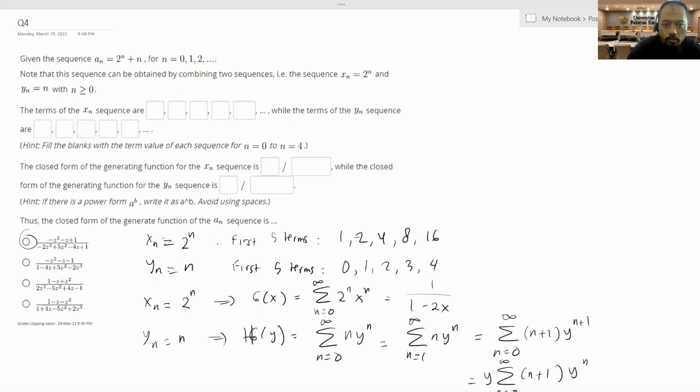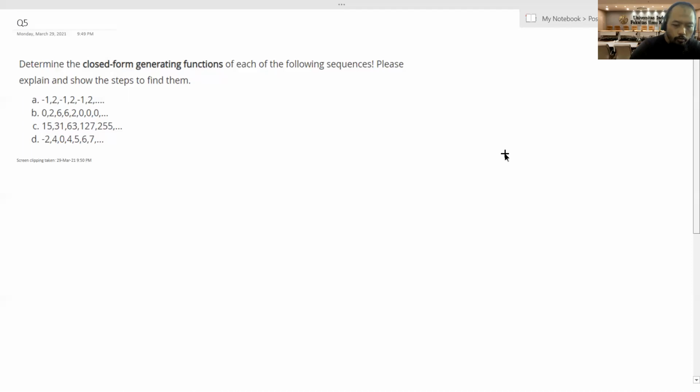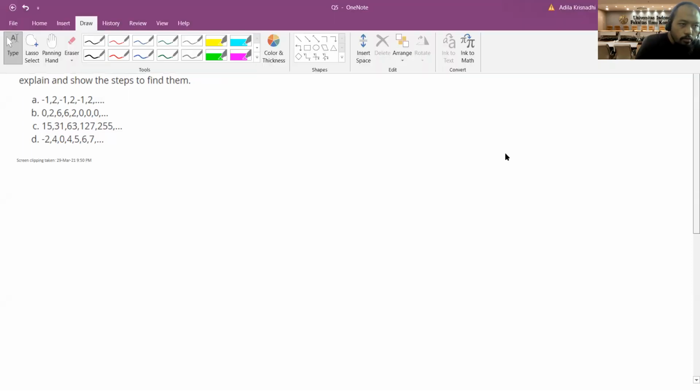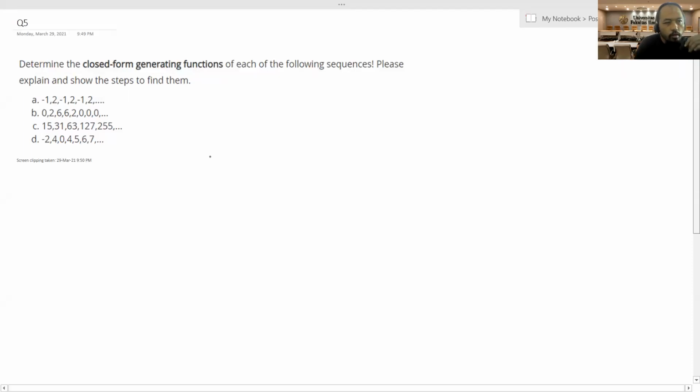Next, we will discuss the solution to question number 5. For question number 5, we want to get the closed form of the generating functions of each of the given sequences.